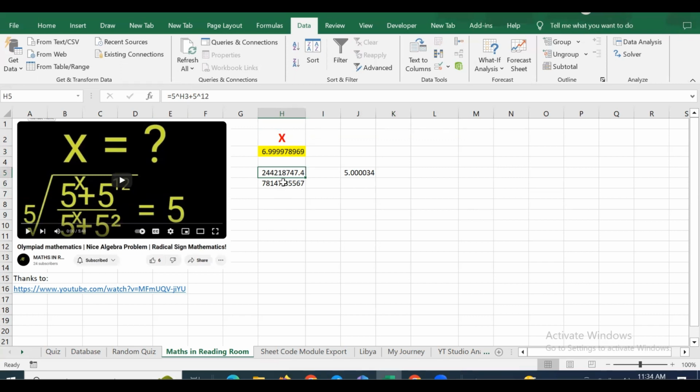Then you simply divide H5 by H6 and make it the power of 1/5, that is, the root with the 5 power.